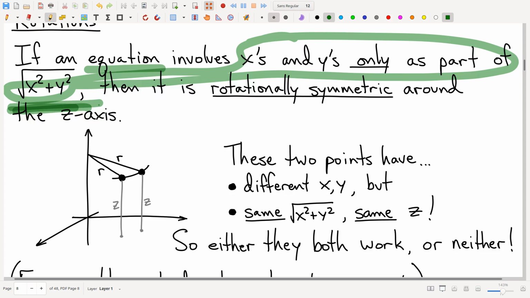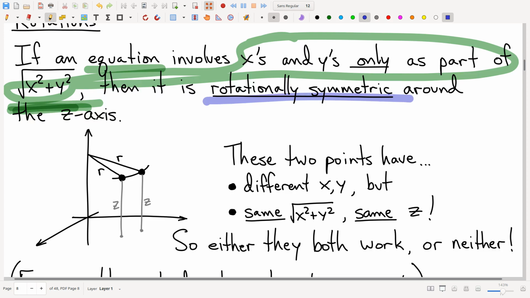If x and y only show up in terms of the square root of x squared plus y squared, no other x's or y's anywhere, no sine x over on the side of the equation or something, just only as part of the square root of x squared plus y squared. Again, pretty easily observed, and you get this really powerful conclusion. Your surface is rotationally symmetric around the z-axis.